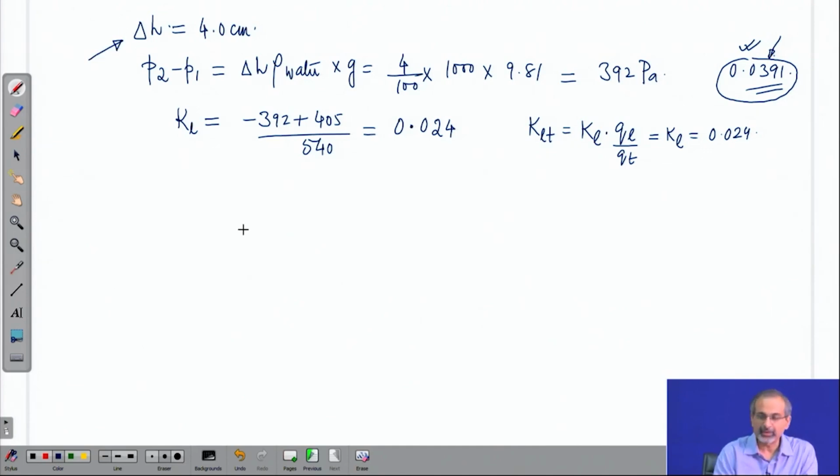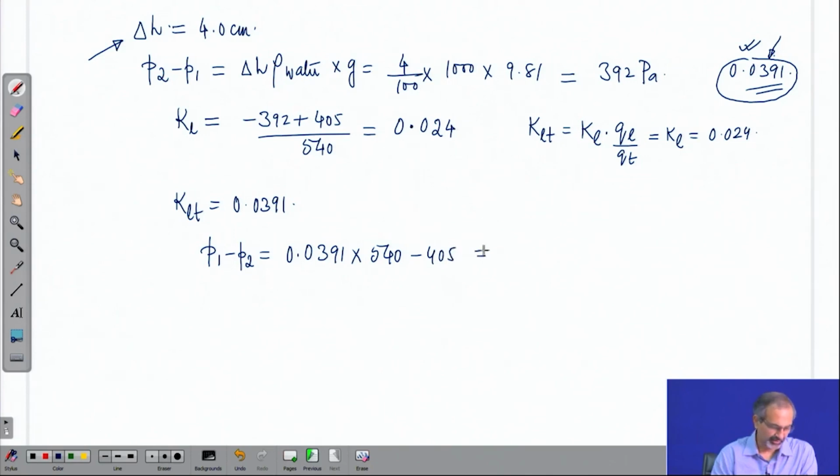Well, if you want to do a backwards calculation, then we start from KLT equal to 0.0391 and we find out that P1 minus P2 based on that would be a value like this, which is minus 383.9 Pascal, assuming that we keep all the other things the same.